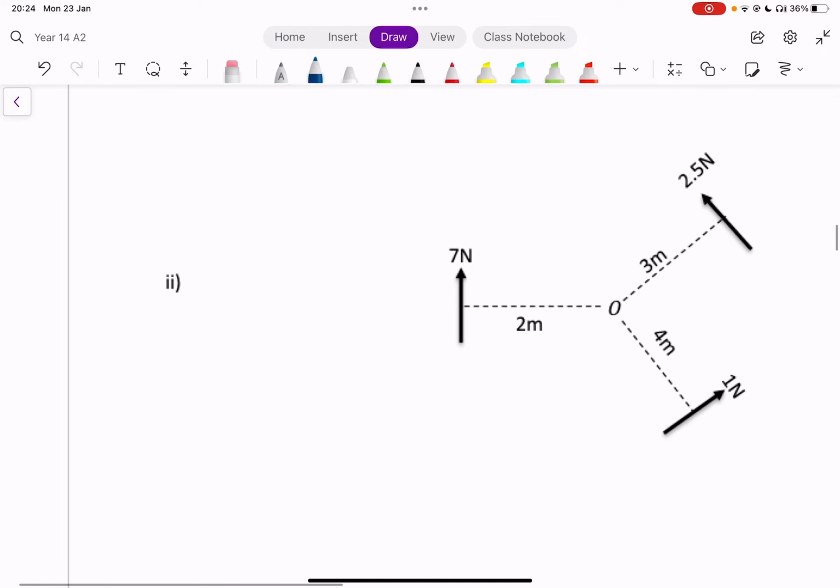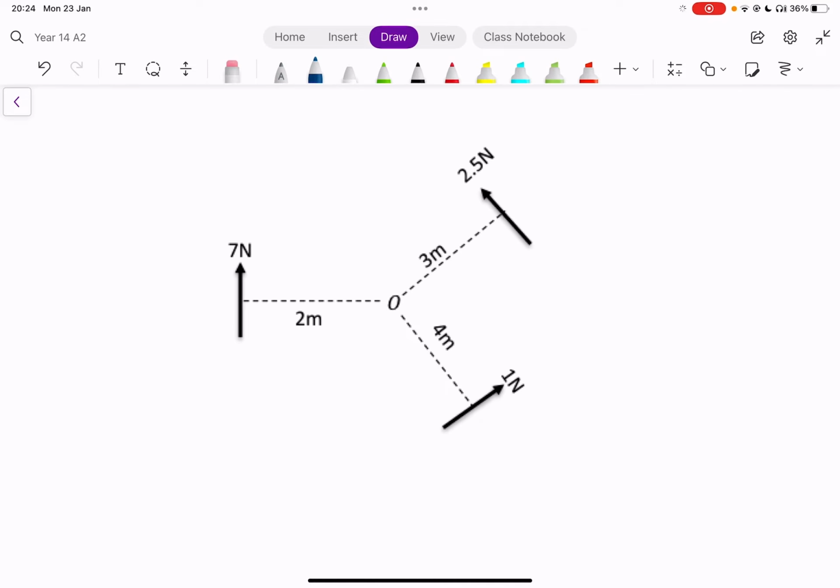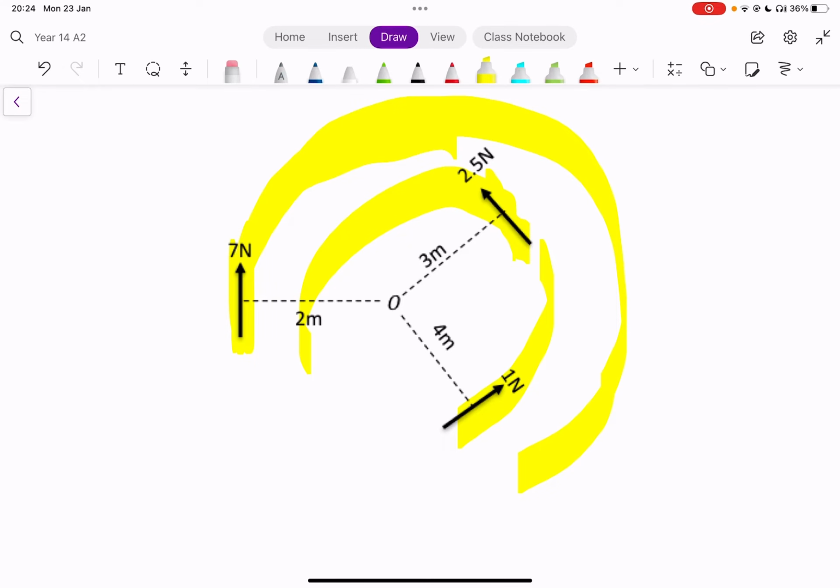Okay, the last example for us in this very quick video: we've got this system here with 3 forces involved, going in different directions. We want to see what it's going to be. I'm going to assume this one is going anti-clockwise, this one clockwise, and this one anti-clockwise, and this one as well anti-clockwise.